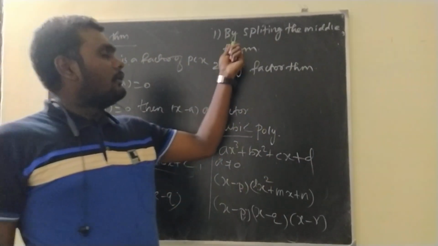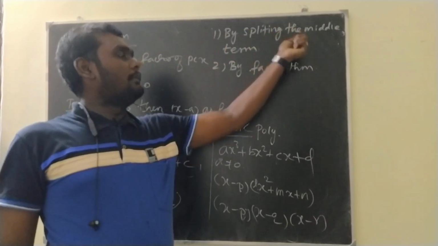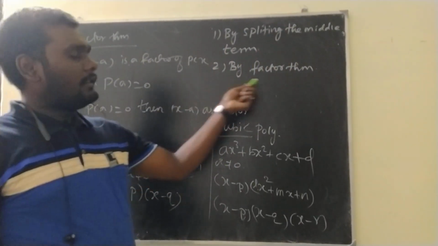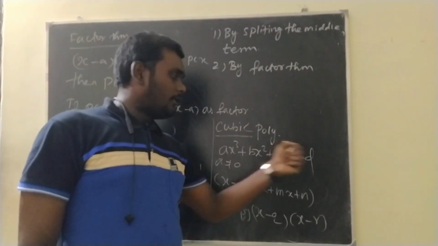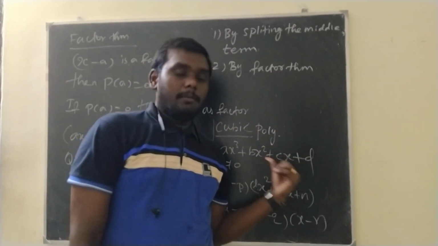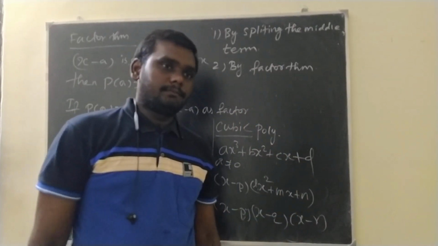Usually, we will use splitting the middle term for the quadratic polynomial alone, and the factor theorem we may use for the cubic polynomial.